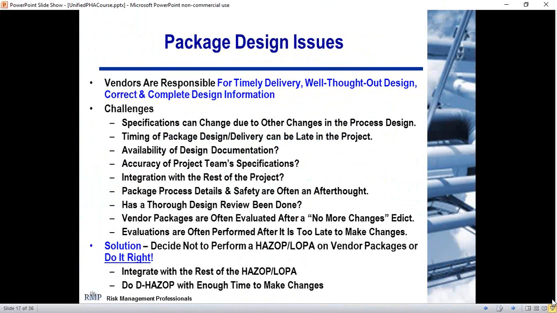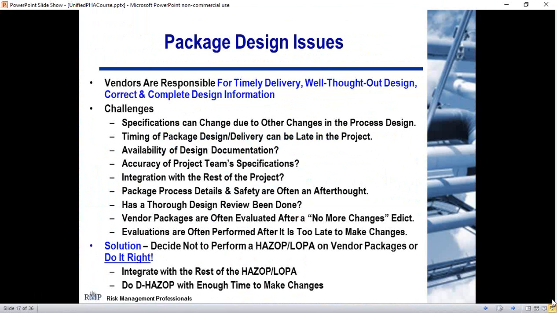Now, some of you in the audience may be chuckling a bit because for those of you who have worked on large projects that make extensive use of vendors, this is never 100%. There's always challenges with respect to delivery timing. Is the design complete, and is it applicable for your project, and does it mesh with the entire system? And getting correct and complete design information can also be quite a challenge.